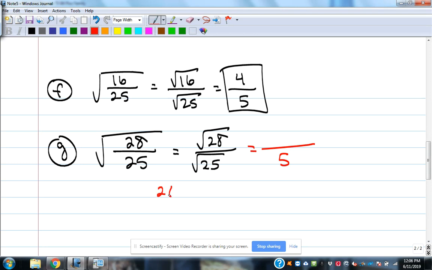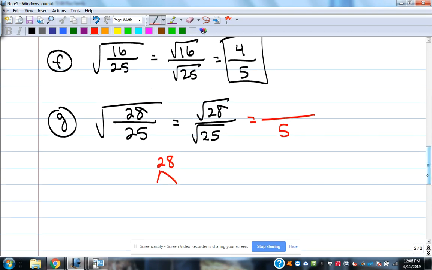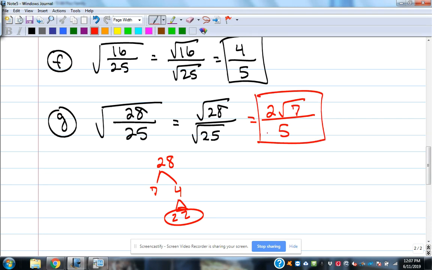So I'm going to do the 28 with the factor tree method like I was doing earlier. 28 is 7 times 4, and 4 is 2 and 2. So there's a pair of 2s. That'd be 2 square root of 7, and you've simplified it like that. So splitting it apart and simplifying the square roots is how you would do a fraction if you encounter that. They don't put a whole lot of those in here as far as that goes.